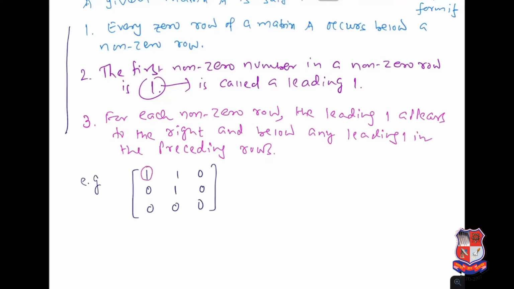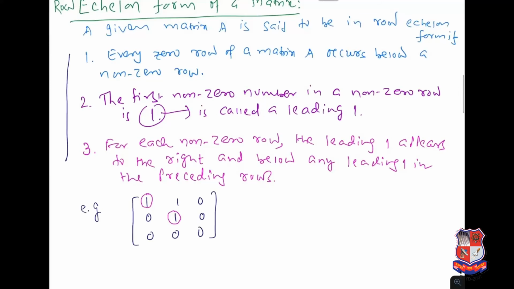This is a leading one, this is also a leading one. If we have any zero row, it should be at the bottom. For a non-zero row, the first non-zero element is 1, here also 1. The third one is, for each non-zero row, the leading one appears to the right of the preceding one and below.